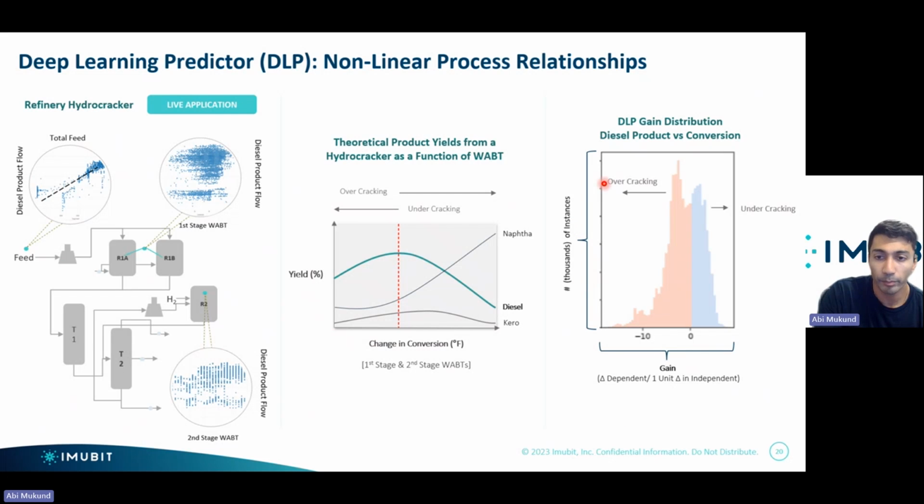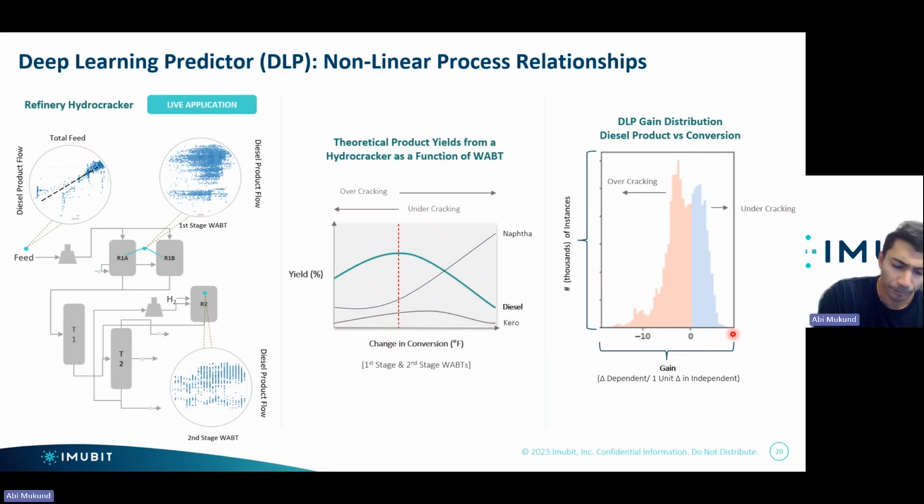You can see a deep learning predictor trained on hydrocracker data learns exactly what theory tells us: there are positive gains represented in blue, and negative gains represented in red. And not only has it learned that the sign changes, but it also learns that the magnitude changes, representing the steepness change of the curve.